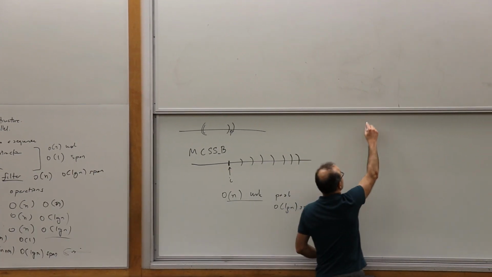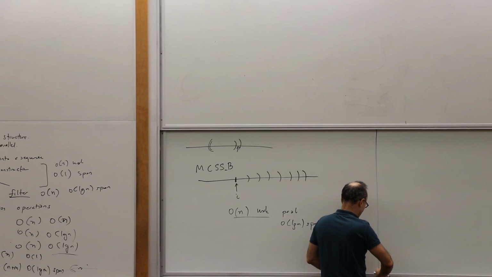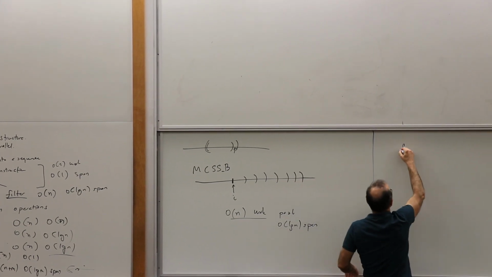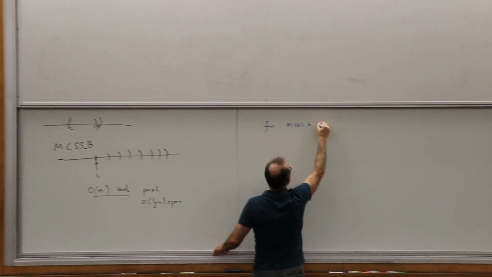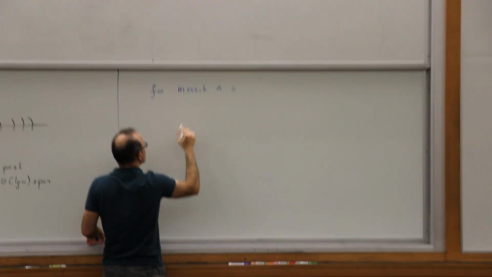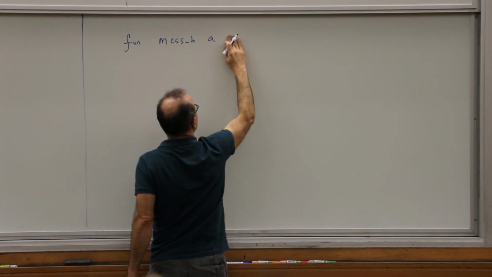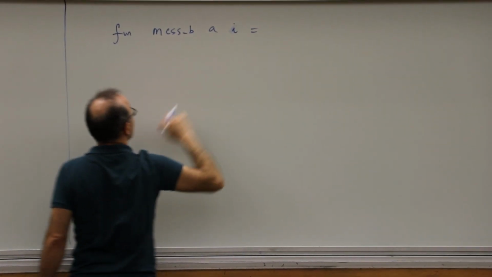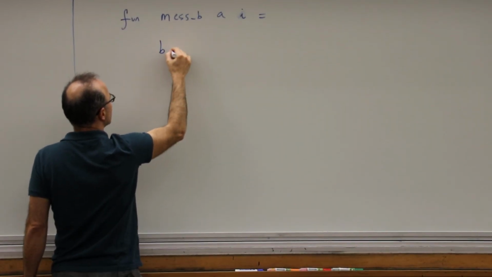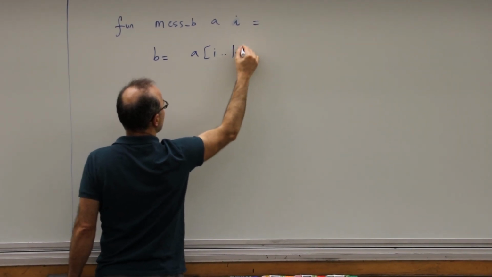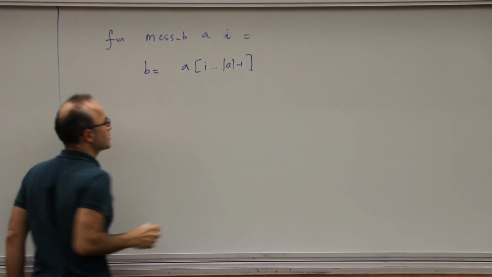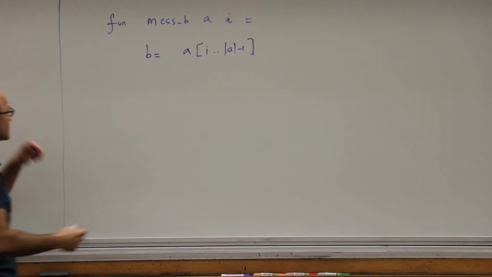So let me write. MCSS_B, a sequence A, and then we want to take an index I. This is where we start. So I think what your friends did is they first take this I..A minus 1. Okay, so take the relevant subsequence.